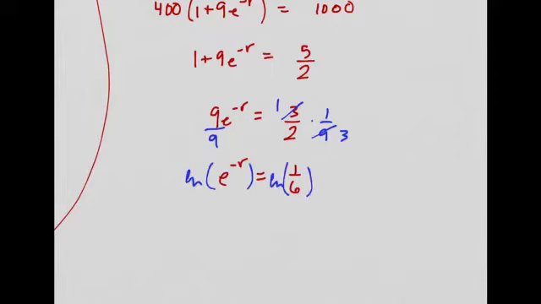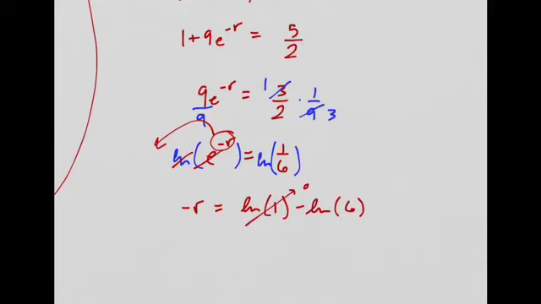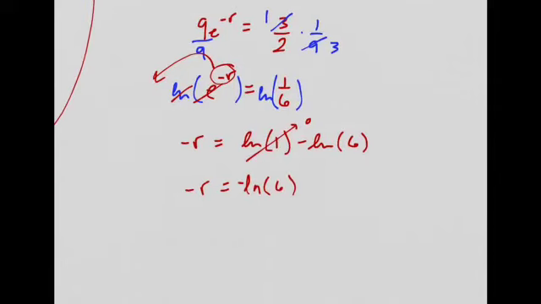And then I have just ln and e, that goes out in front, so negative r. Use my properties of logs here. So that goes to 0, so negative r equals negative ln of 6, which means r equals ln of 6.